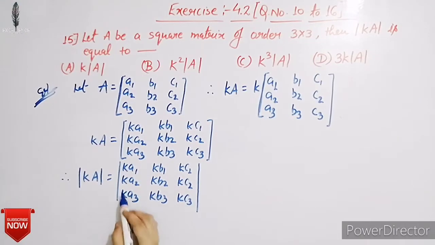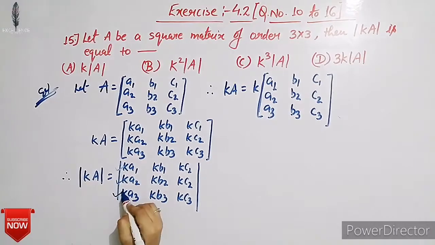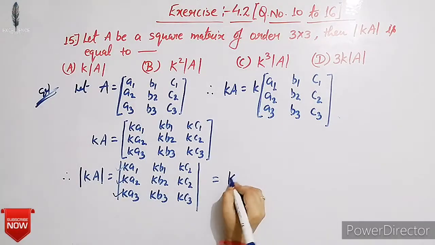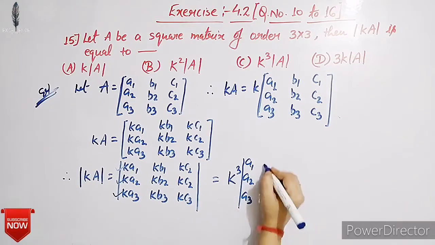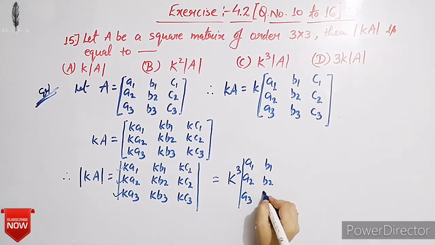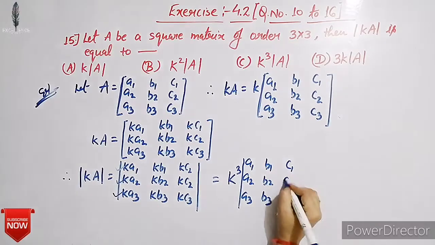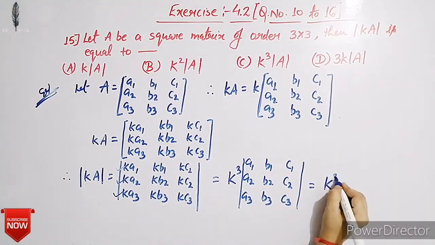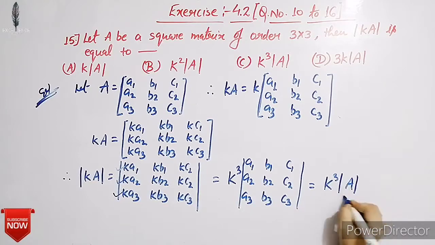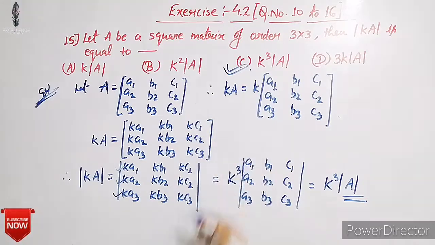Now taking out K common from each row, we get K cube into the determinant A1, A2, A3, B1, B2, B3 and C1, C2, C3. That can be written as K cube into determinant of A. So here option C is the correct answer.